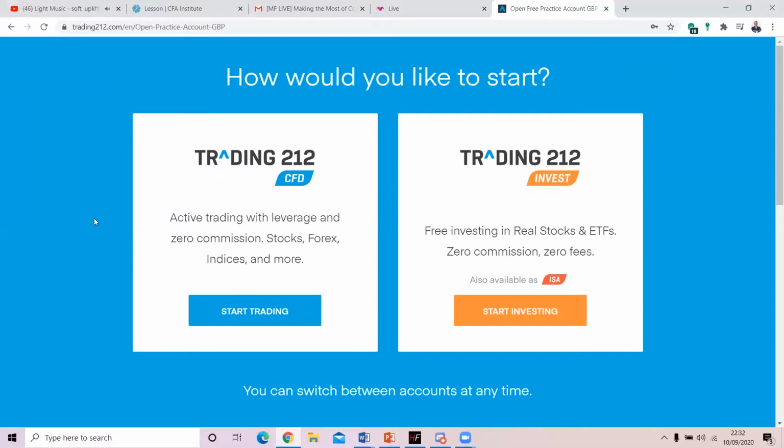So here we go, this page comes up. You see again the Trading 212 CFD and Trading 212 Invest. What you are going to choose is Trading 212 Invest. Because it's a demo account, a practice account, below the screen you can see you can switch between accounts at any time.